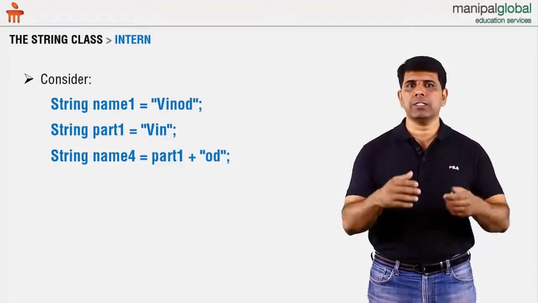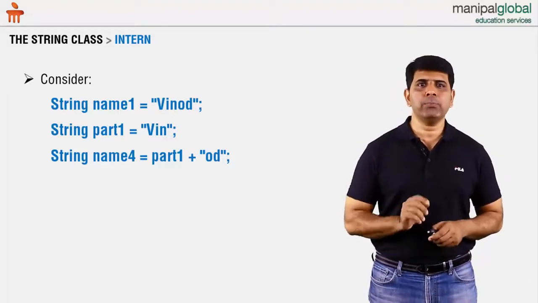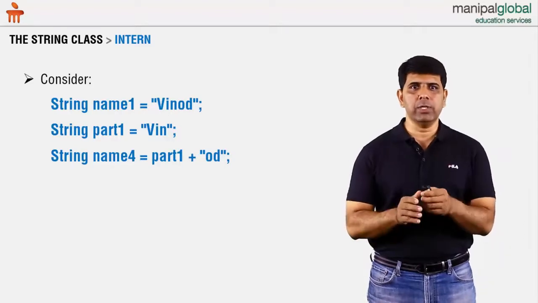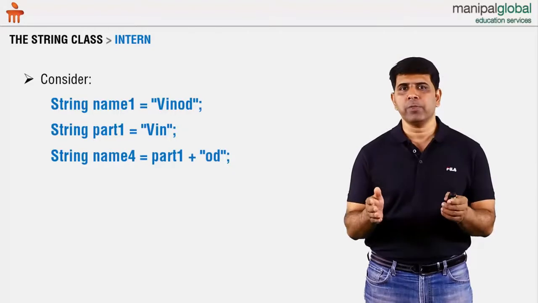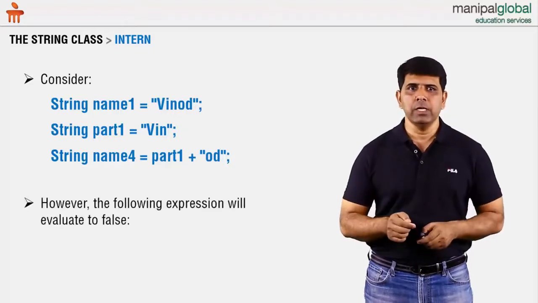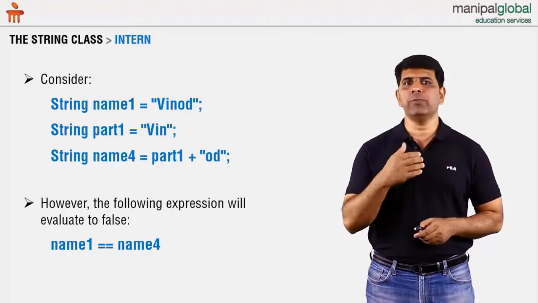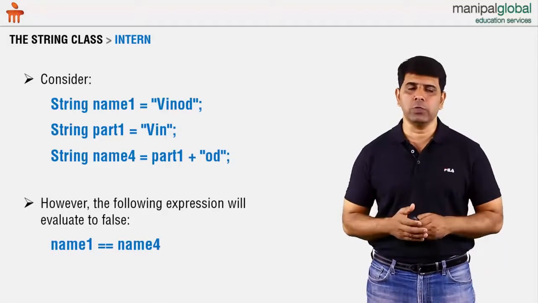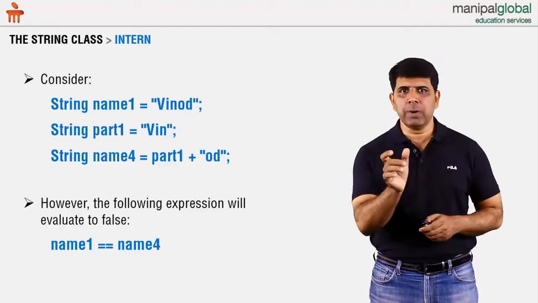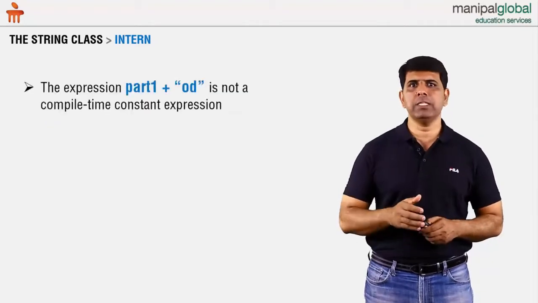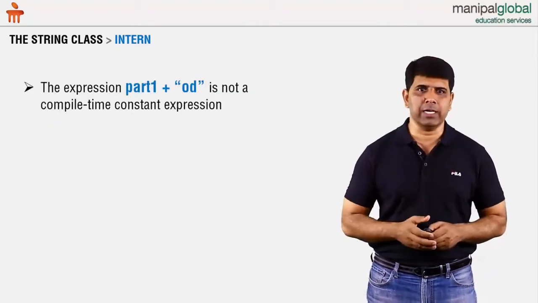Its value is accessed only at runtime, so the compiler cannot handle this. Even though part1 plus "od" becomes "Vinod", it will be evaluated at runtime, so name1 == name4 is going to be false, because part1 plus "od" is evaluated at runtime, not at compile time.